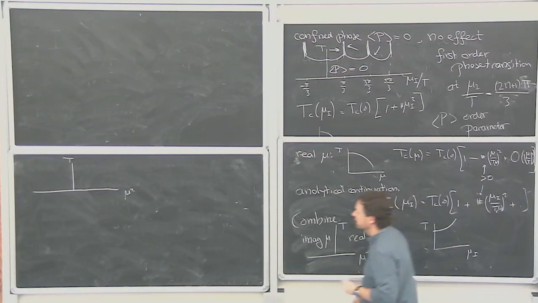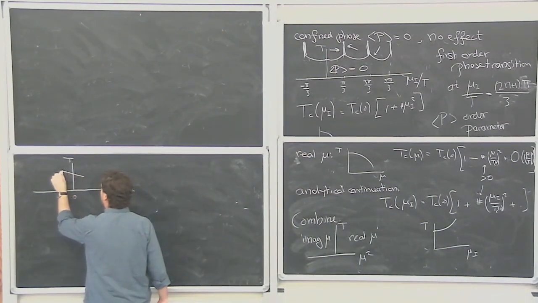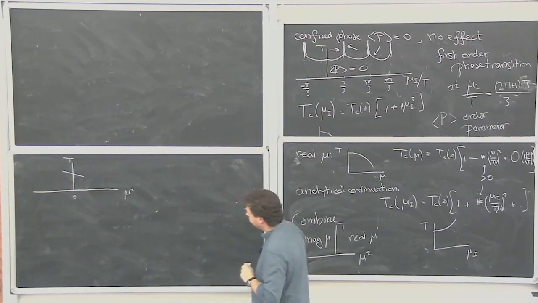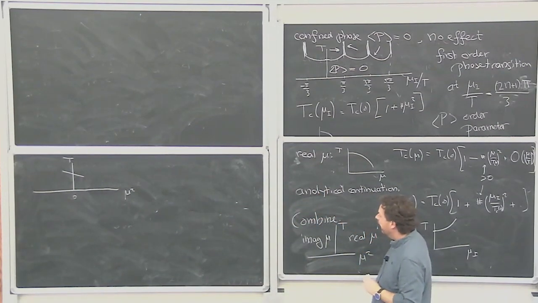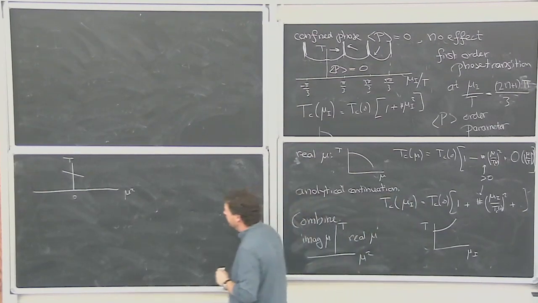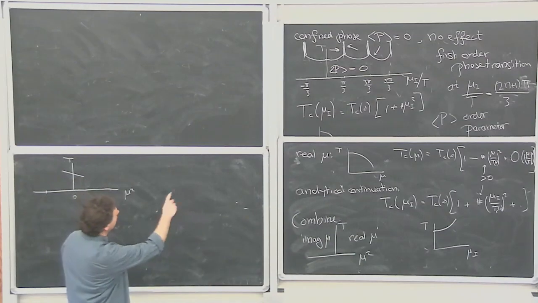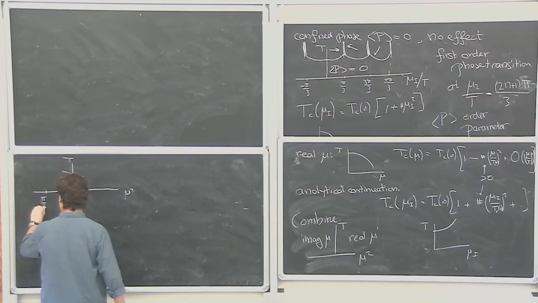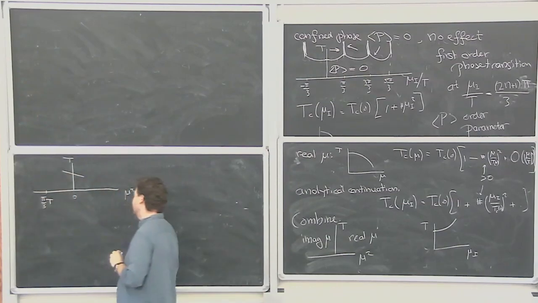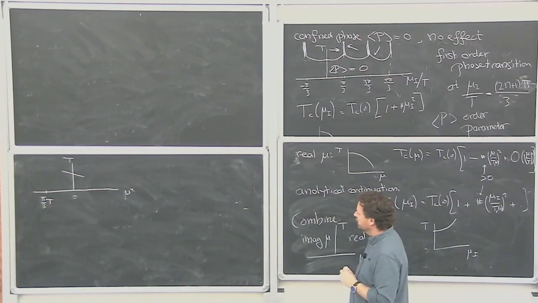So I get a straight line here through 0, like this. But then if I go to negative mu squared, so to imaginary mu, I have this special value here, up there, which is pi. So now I make sure I multiply it in the right way. So this is a straight line as a function of mu.